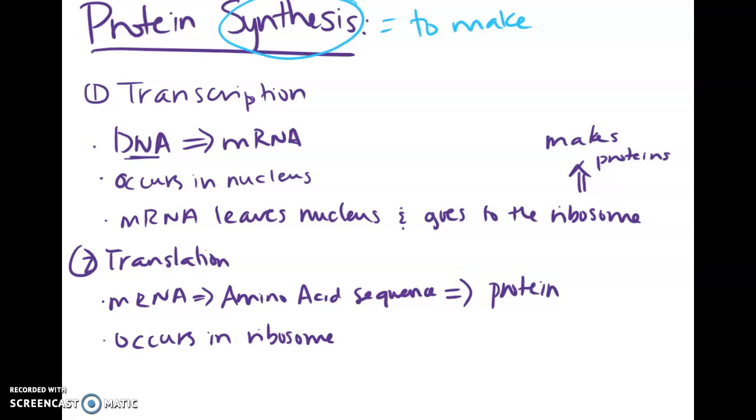And the reason why we're discussing proteins is because of two very important things. One, proteins determine our traits.